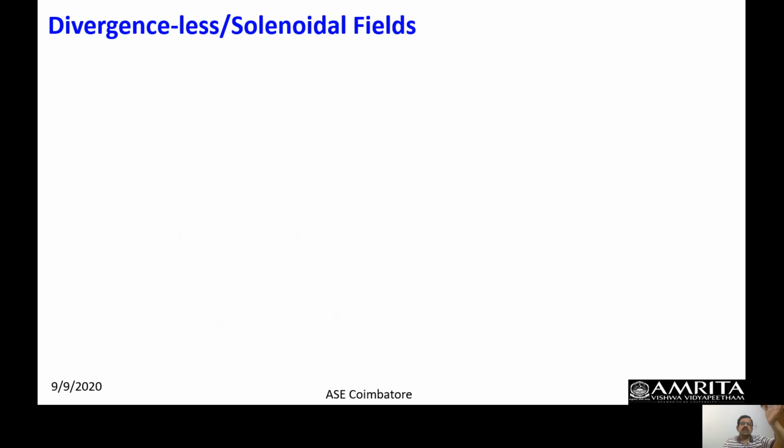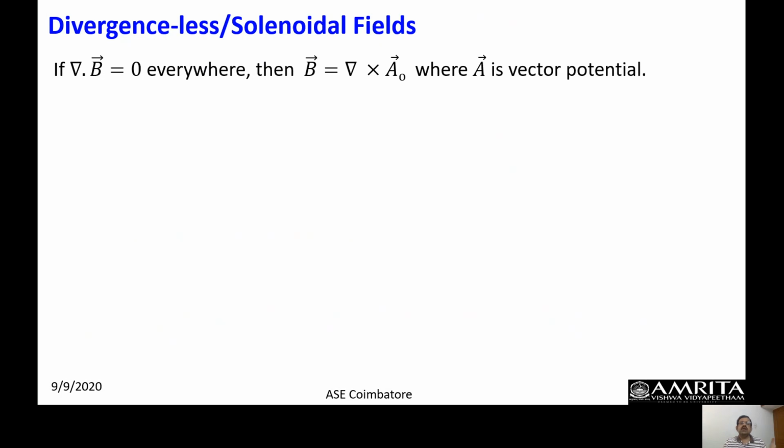So del dot B is always 0; there is no spread of the field function. Okay, it always curls. So del dot B is 0 everywhere, then B can be represented by the curl of another vector function, where A0 is the vector potential.